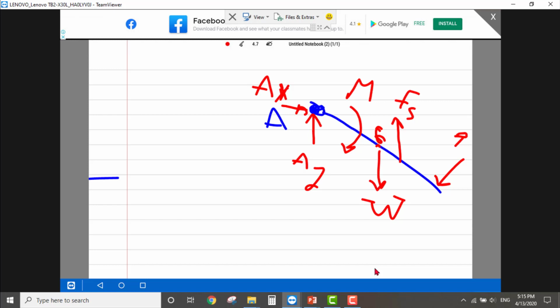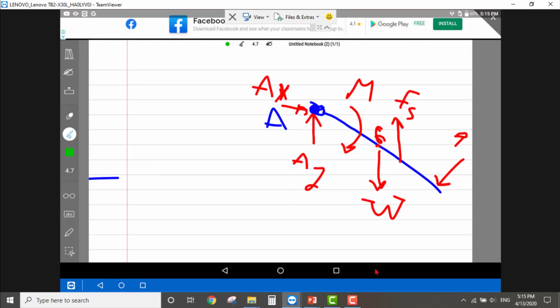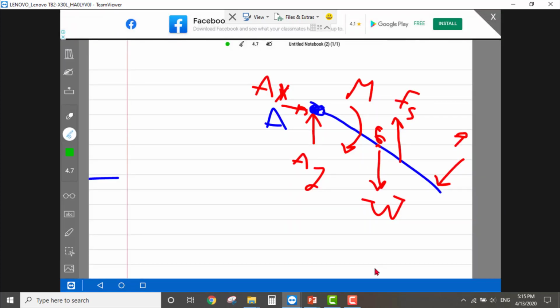I'll ask you the question now. Which of these forces will do work between state 1 and state 2? Of course, the reaction force on a fixed point that will not have any displacement will be equal to 0. There is no work due to the reaction force.